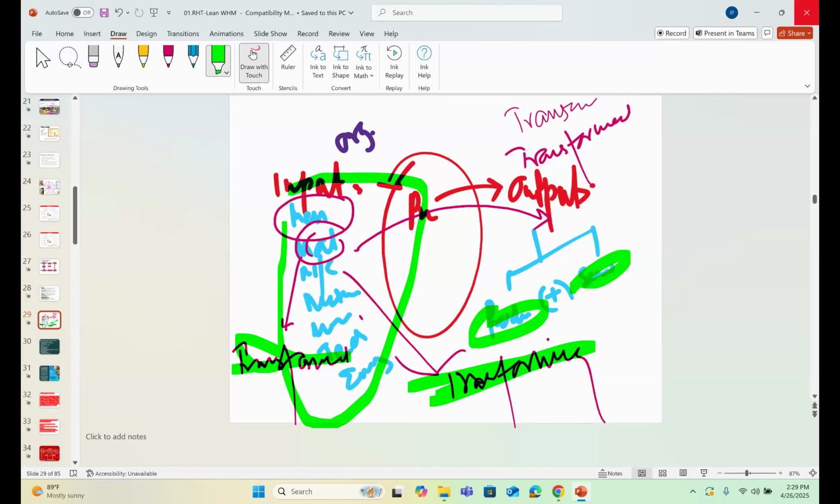Because you are transforming the person with the values. So therefore, it cannot be touched. Therefore, it is intangible. So like that, you should be able to analyze the input side separately and the output side separately when it comes to processes.